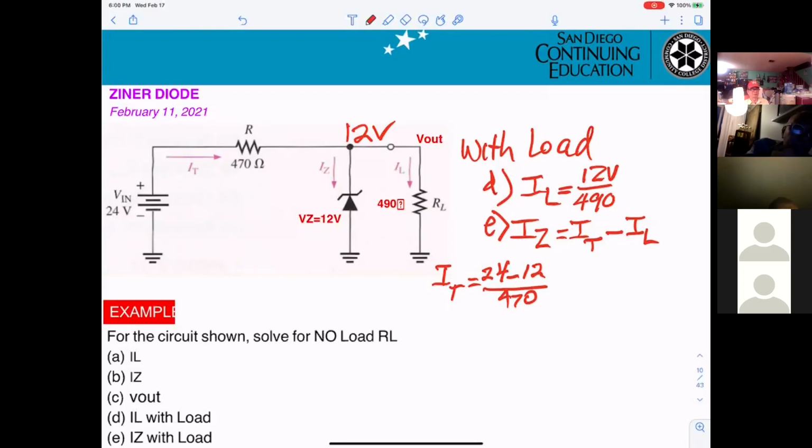If it was a 10 volt Zener diode, then the total current would be 24 minus 10 over 470, and if it was 5.1 volts, the total current would be 24 minus 5.1 over 470. If the applied voltage is above the Zener voltage, the Zener acts like a voltage clamp. In this example, it clamps the voltage to 12 volts if the applied voltage is above 12 volts.